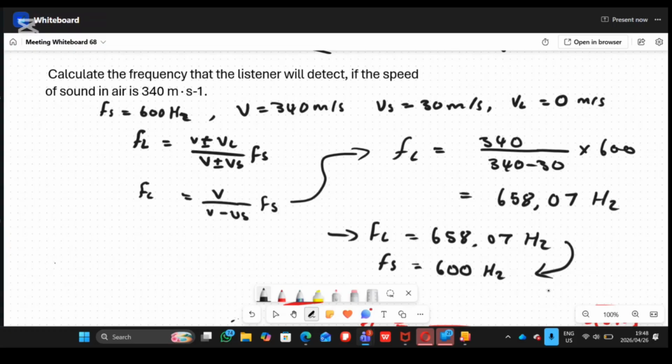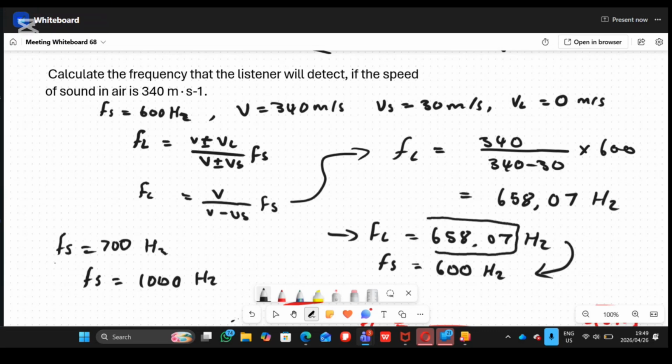When a sound source is moving towards you, let's say the sound source is releasing a frequency of 700, you are going to experience a greater frequency, maybe 1000 hertz. This is what I'm saying here: the listener is detecting a frequency of 658.07, but the actual frequency that is released is 600.